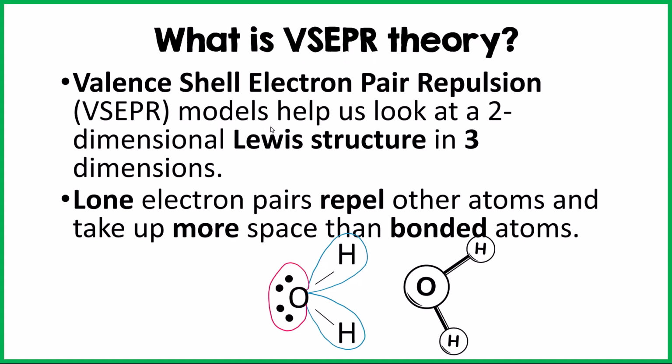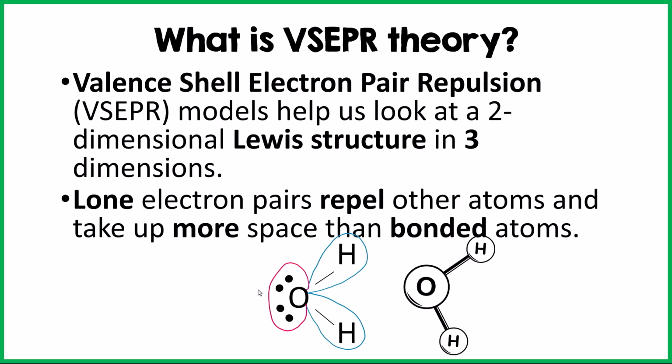So VSEPR models help us to look at two-dimensional Lewis structures in three dimensions. So we're converting a two-dimensional Lewis structure like you would write on paper into a three-dimensional molecule that has a particular shape. Lone electron pairs repel other atoms and take up more space than bonded atoms.